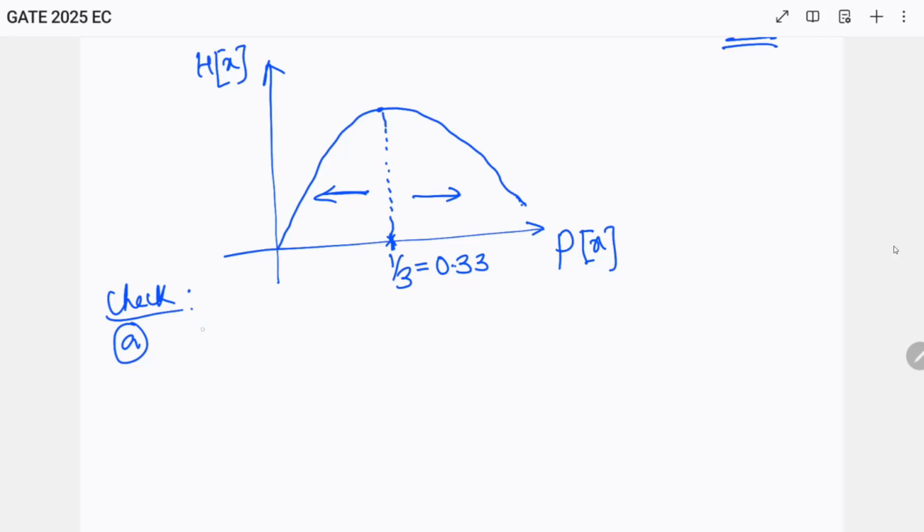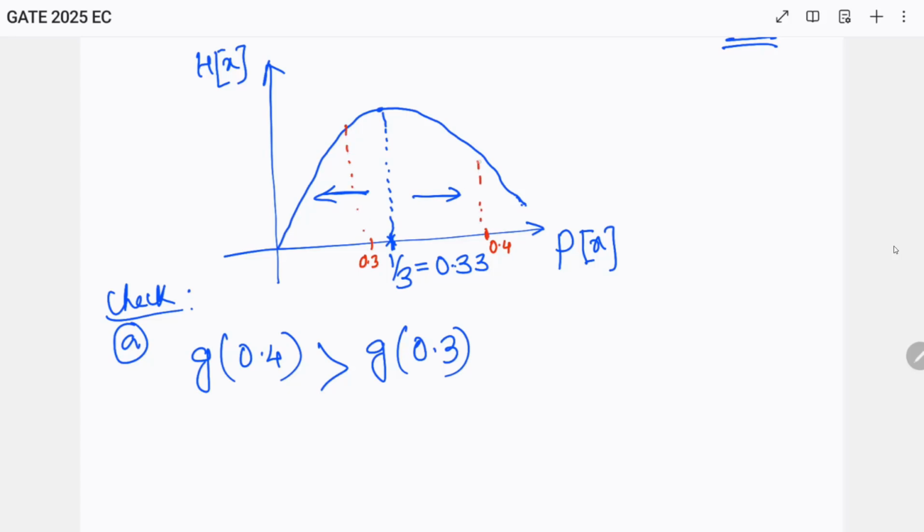Option A is giving g of 0.4 is greater than g of 0.3. Let me change the color. 0.4 is lying somewhere else, I am assuming it here, and 0.3 is somewhere else. Obviously at 0.4 the entropy value would be less, so this statement is wrong.